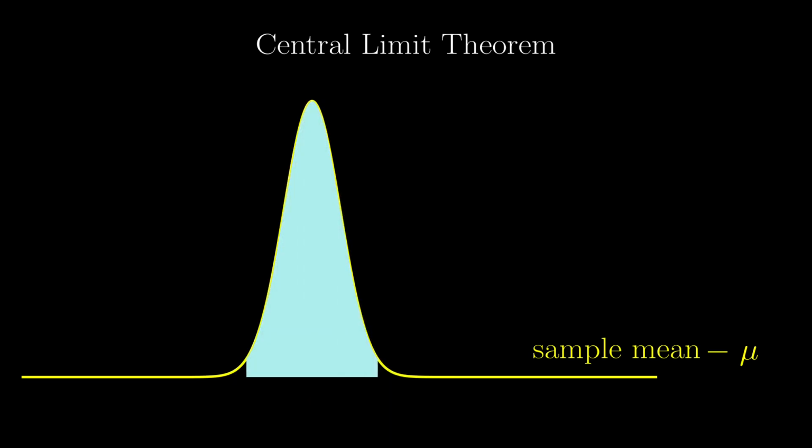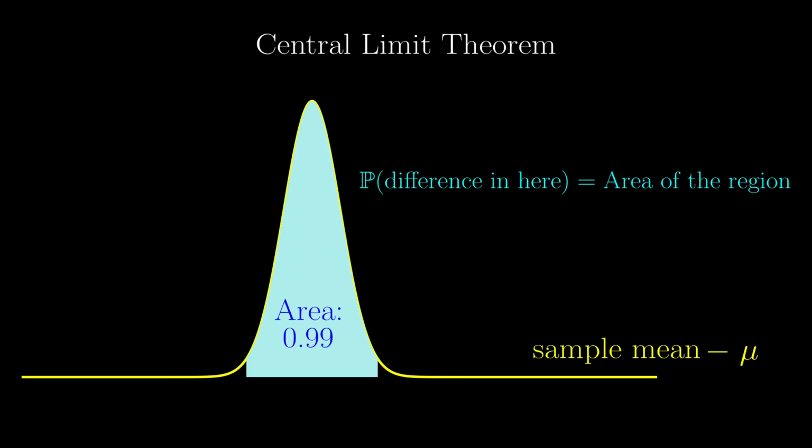So we can be reasonably sure that the difference is somewhere here. More precisely, the probability that the difference is here is the area of the region. So if the area is 0.99, then we are 99% sure the difference ends up somewhere here. So this interval is known as 99% confidence interval.